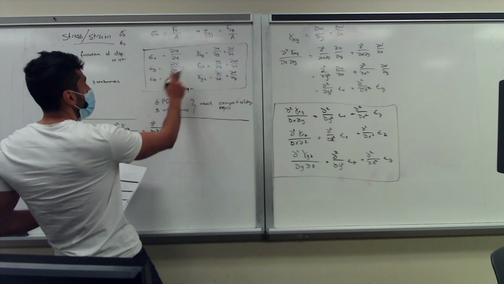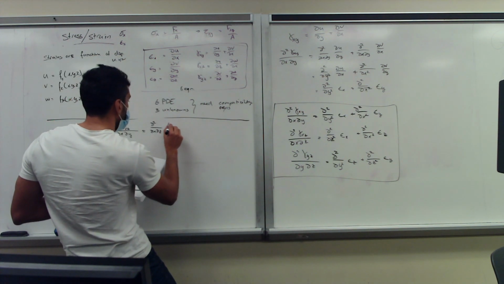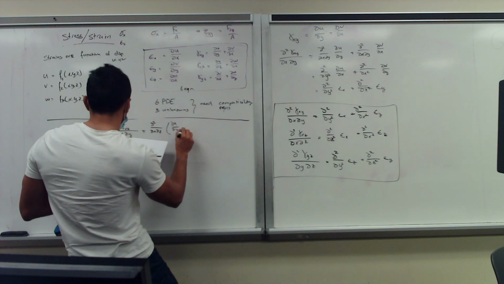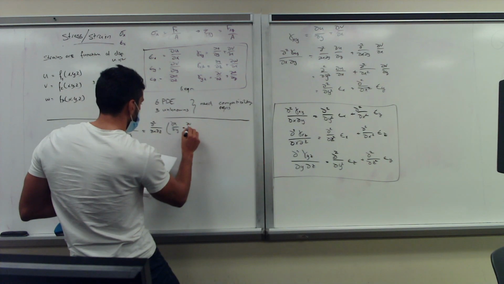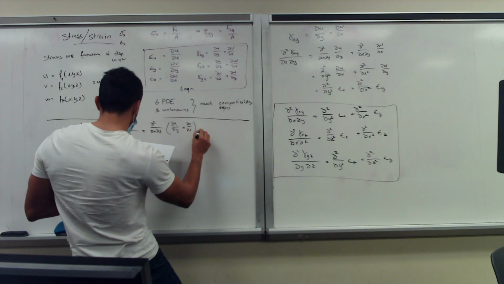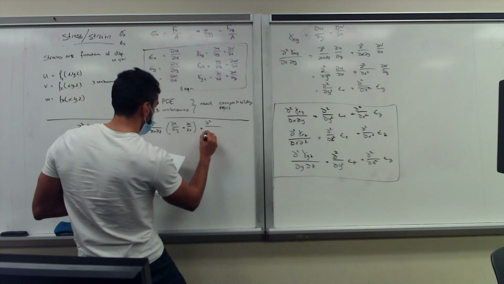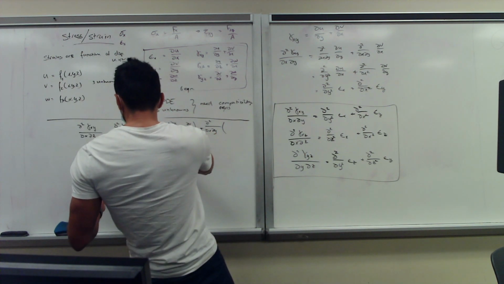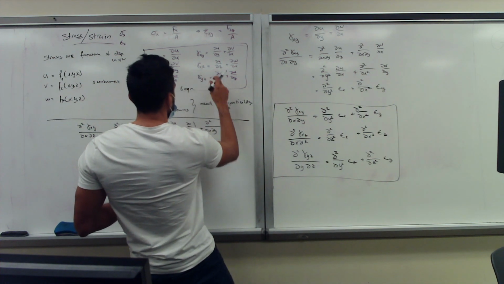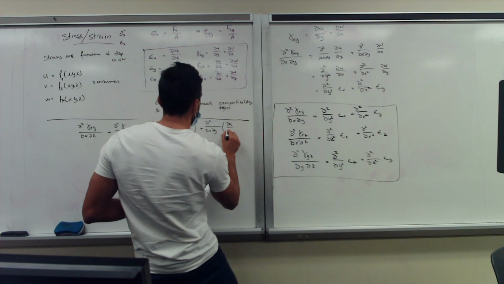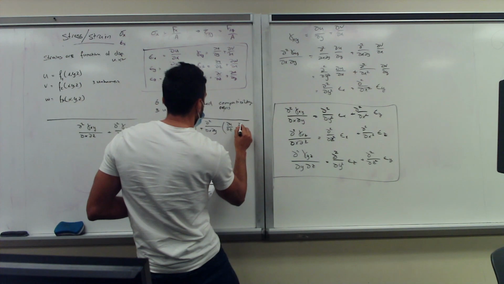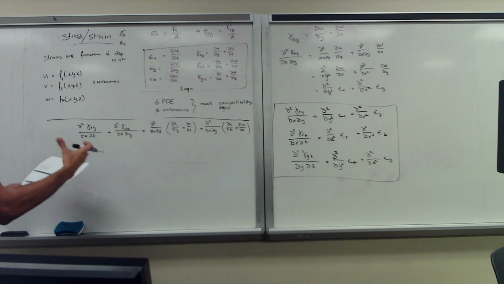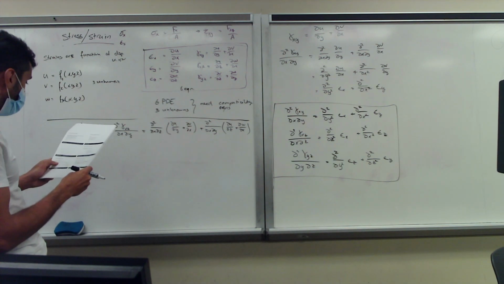We plug in our shear strain, so we get du/dy plus dv/dx plus partial derivative with dx dy, and then this was xz. Gamma xz is partial u partial z plus partial w partial x. And then again, we do some shifting around.